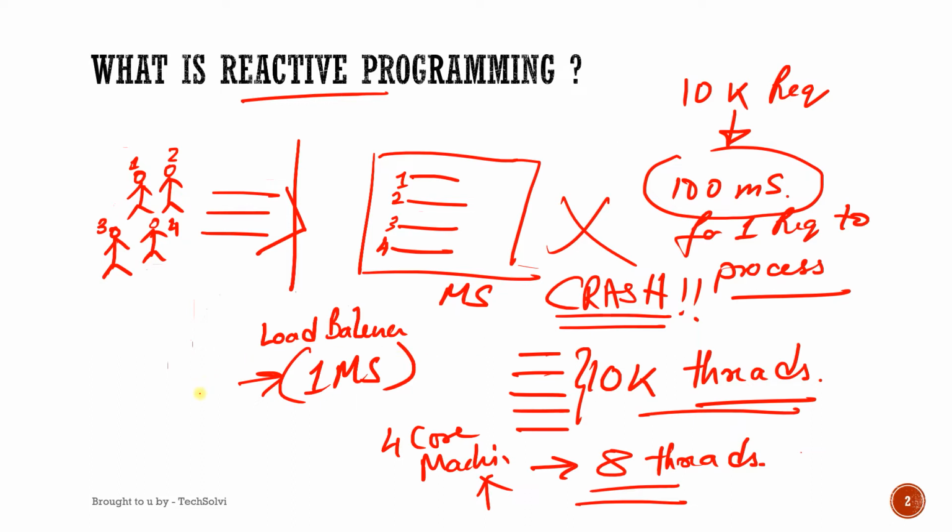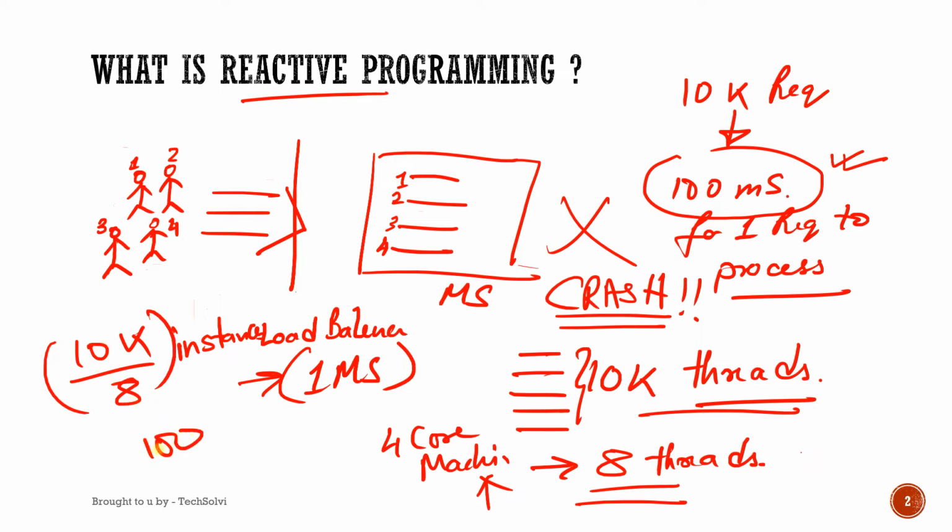Initially we assumed that we would have a maximum of one instance running for the service. Now, to handle this many requests in this 100 millisecond time frame, how many machines do we require? 10k divided by 8, so roughly around 1000 instances.